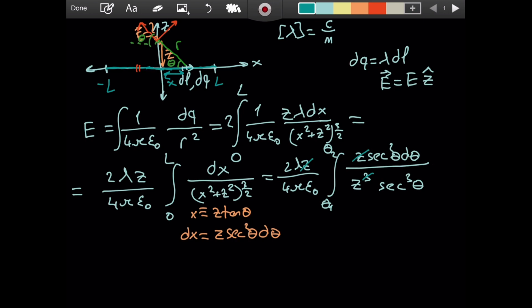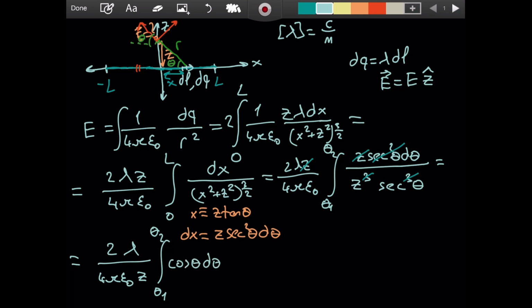And if we simplify the secant, we will just have a secant which will turn out to be cosine because it is the reciprocal of cosine. So we will have, let me write it here, 2 lambda over 4 pi epsilon naught, I take the z out, the boundaries that we don't care about, and then cosine theta d theta.